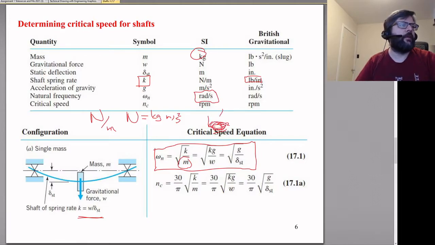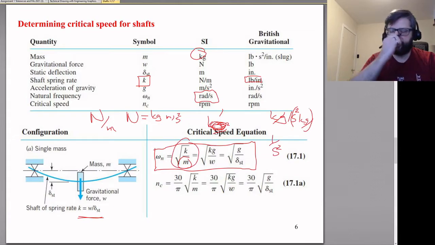Kilograms per second squared, dividing by the M gives you another kilogram on the bottom, which cancels out. So the units here are per second squared, and then the square root of that puts us in radians per second.